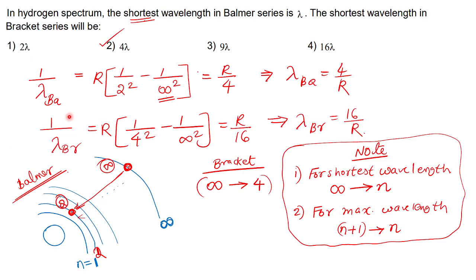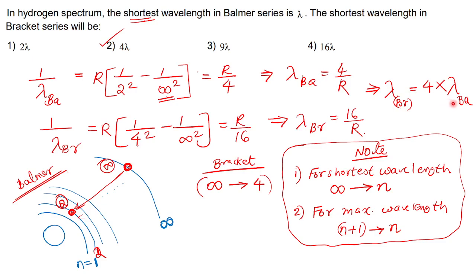So in the last step, lambda of the Brackett series is clearly 4 times lambda of the Balmer series, because 4 into 4 by R is 16 by R. Meaning the wavelength of the Brackett series is 4 times the wavelength of the Balmer series.